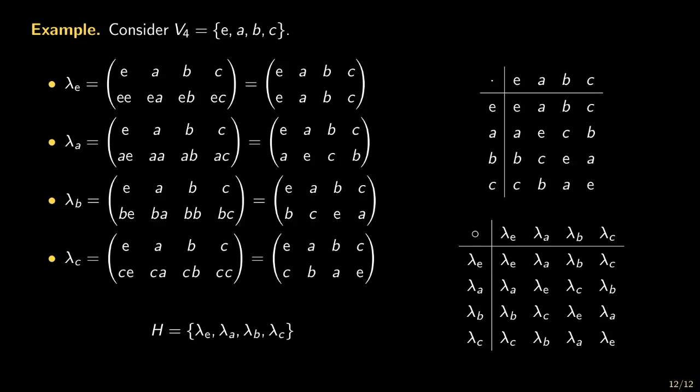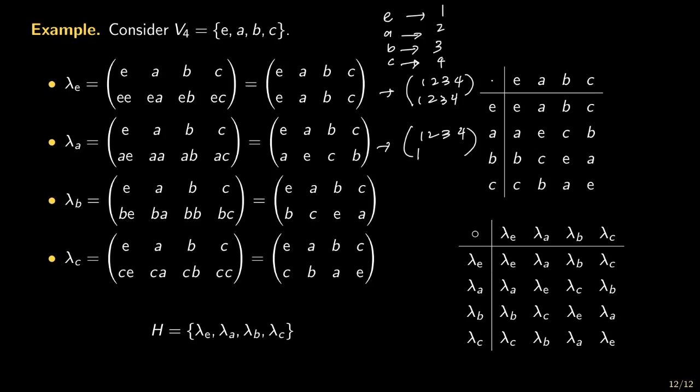For example, you translate this to, let's say, 1, 2, 3, 4. So this corresponds to what? 1, 2, 3, 4. This is the identity. This one is 2, 1, 4, 3. And this one is 3, 4, 1, 2.